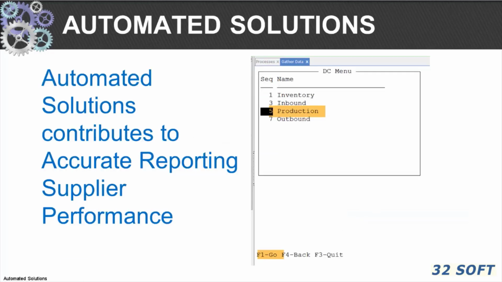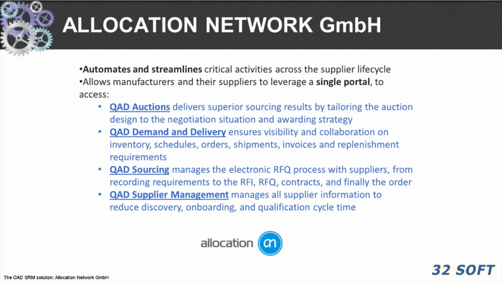Automated solutions, that is barcoding, contribute significantly to the accurate reporting for supplier performance. In January of 2021, QAD acquired Allocation GmbH. Allocation Network automates and streamlines critical activities across the supply cycle. From a single portal, manufacturers and their suppliers can access auctions, demand and delivery information, sourcing, and all supplier information across the purchasing cycle.